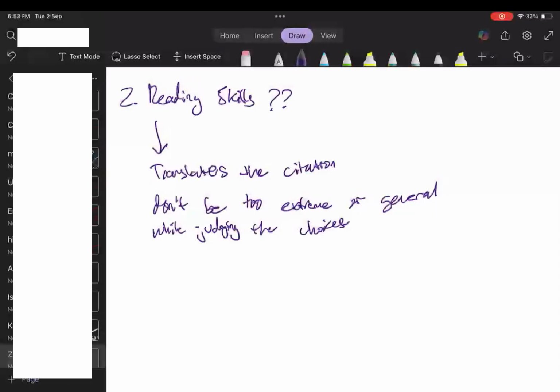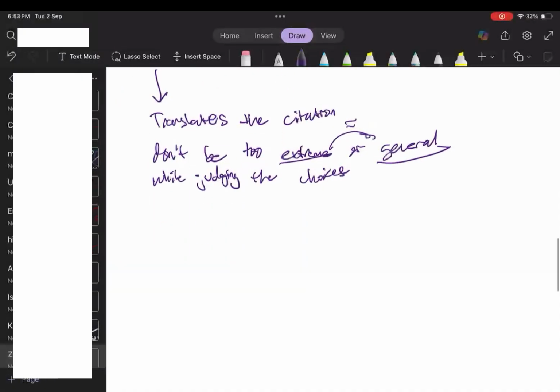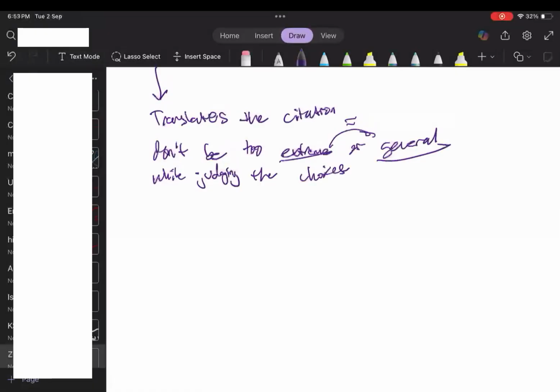Okay. Some choices may appear too extreme, while others may be too general. You should look for more of a balance between them, where they're equally distributed. If it's mostly too extreme, it's usually wrong. And if it's too general, it's usually wrong too. You should look for what translates the citation most accurately from all the answer choices, the strongest one.